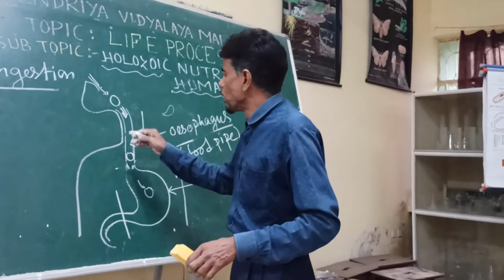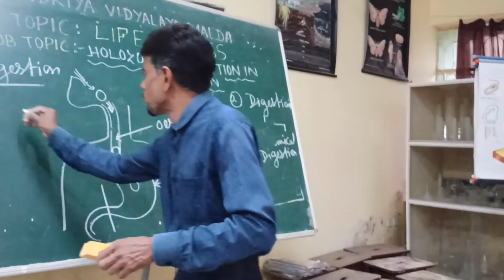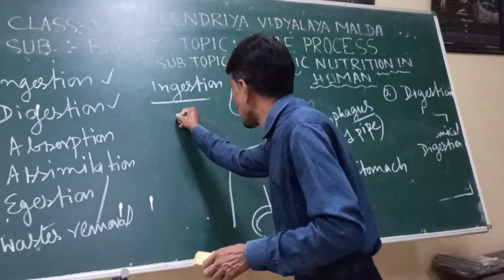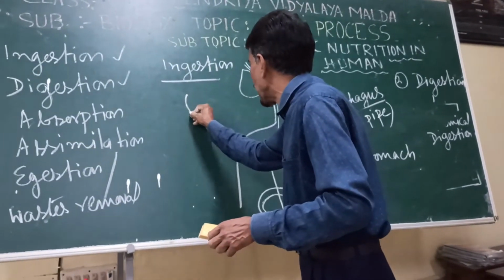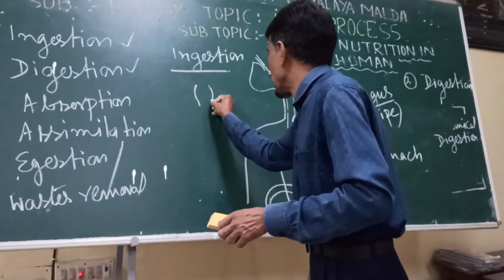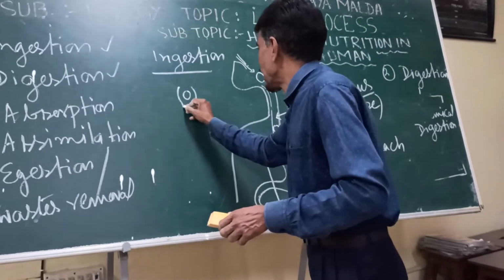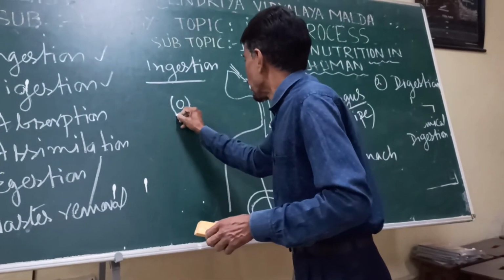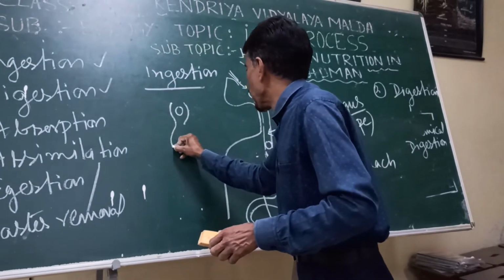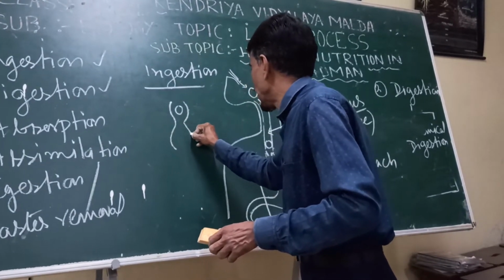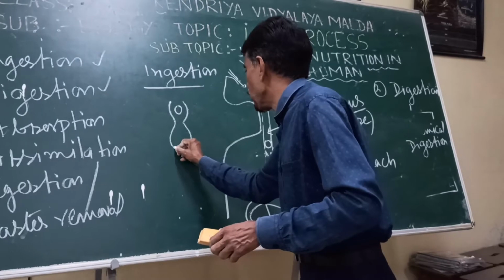Now, while the food is passing through the esophagus, the muscles of the wall of the esophagus where the bolus is there enlarge, forming a wavy type of movement.